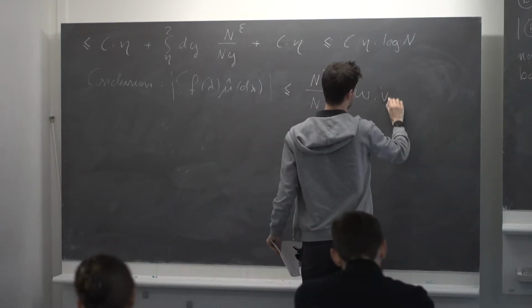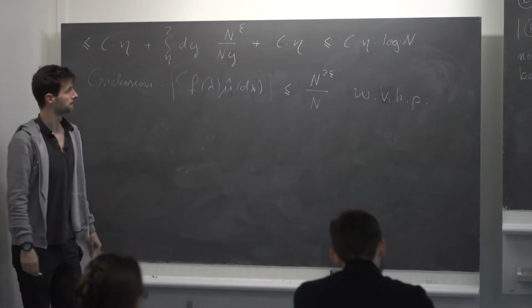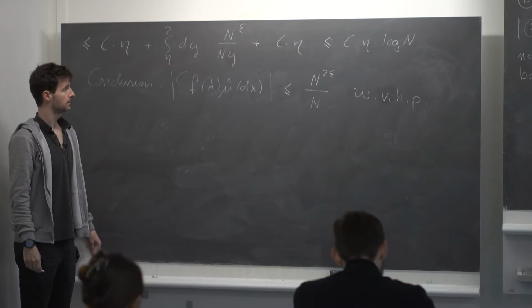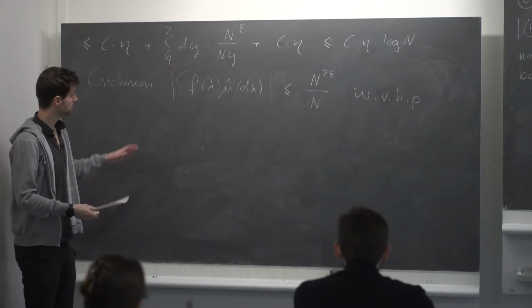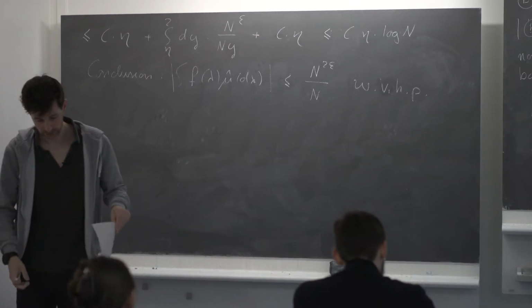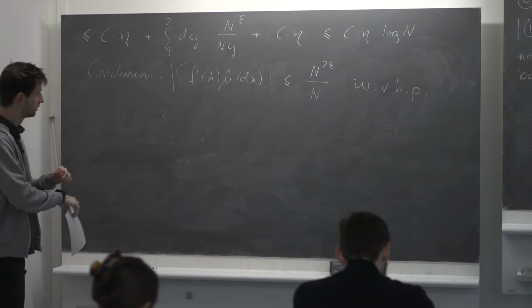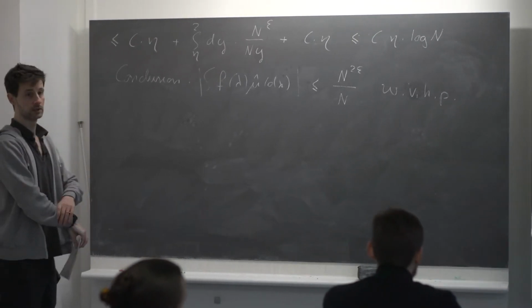So this is with very high probability. And this is what I wanted to get. So this is the error bound I'm aiming at. And this is the error bound I got. Now for this integral with respect to a smoothed indicator function in the interval -3, 3.